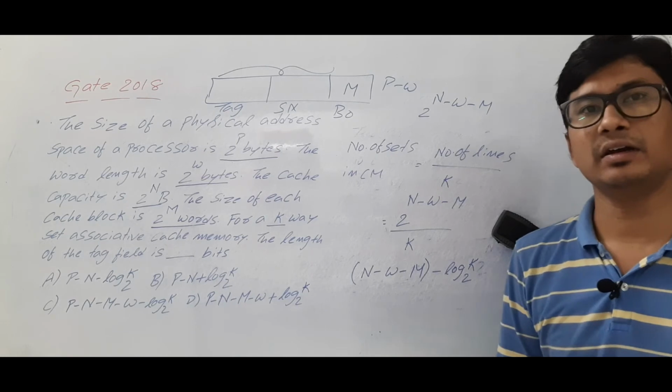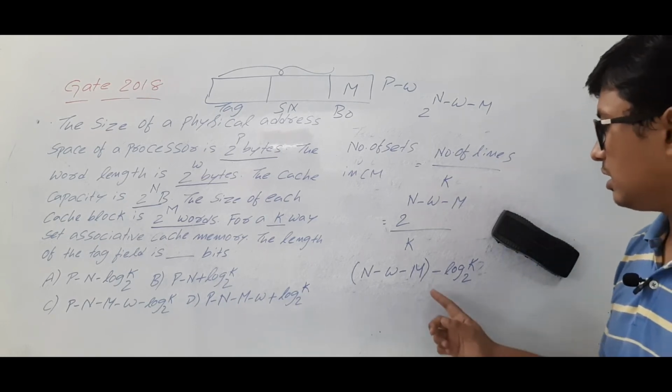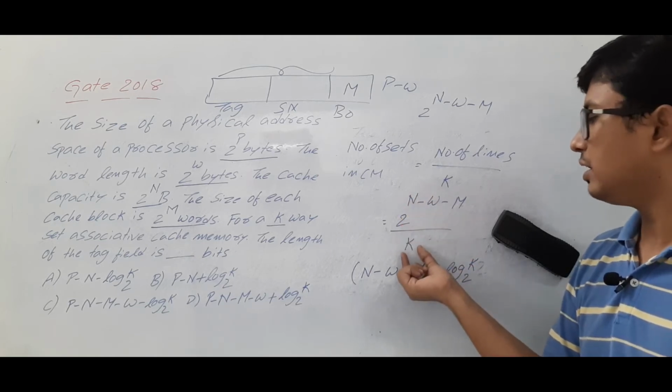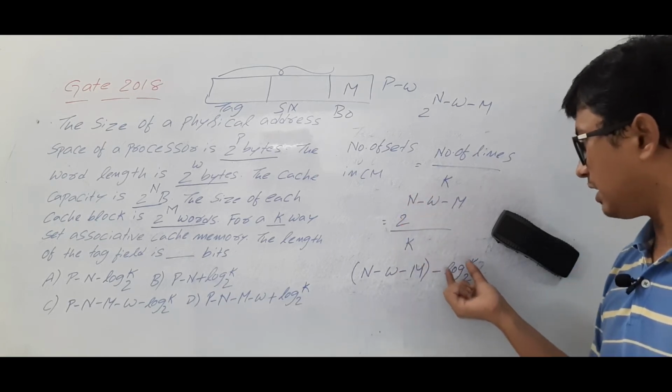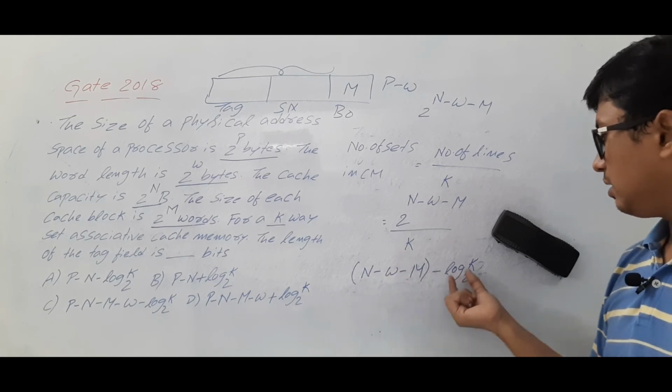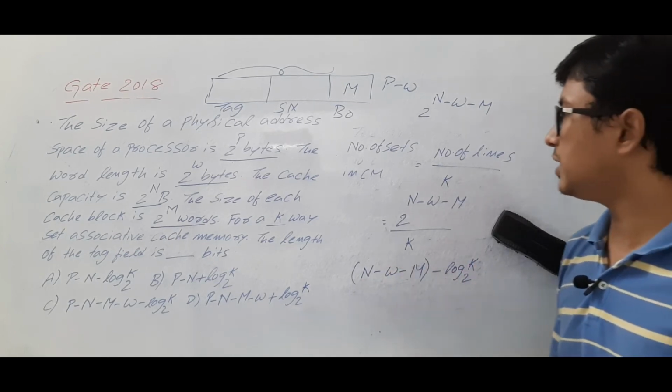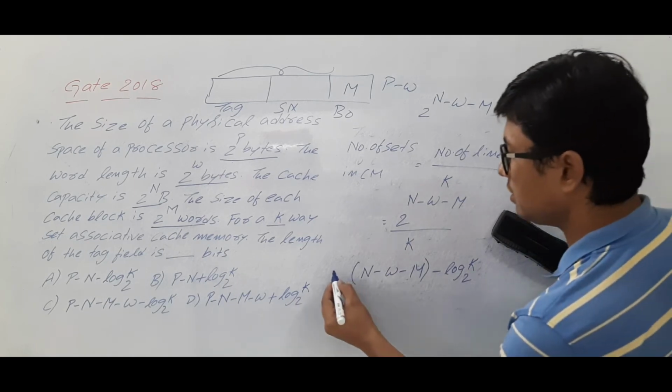Are you able to understand it or not? These many bits are required because it is in 2 power. If I have to take the log, I will get minus log k base 2. Is it clear? So these many bits are there in the set number.